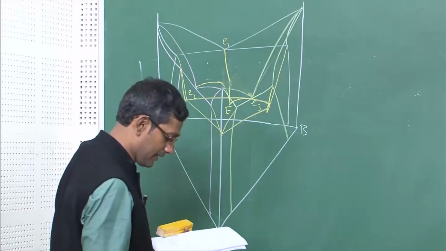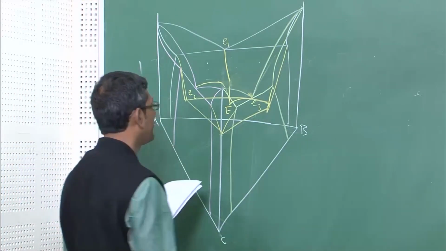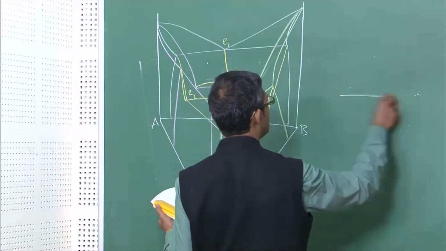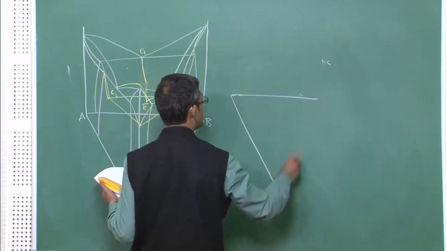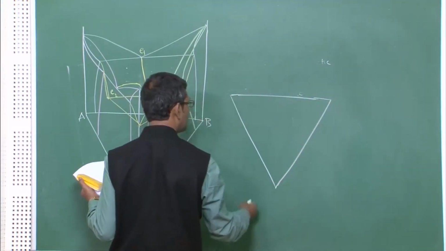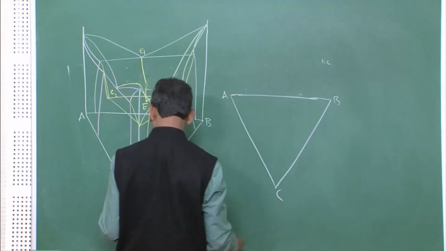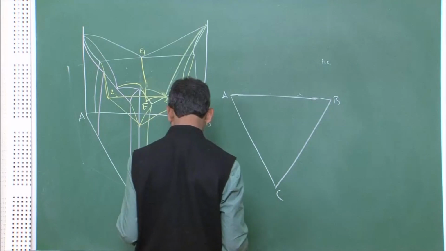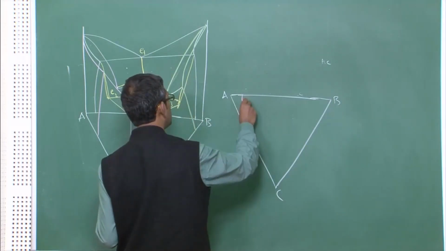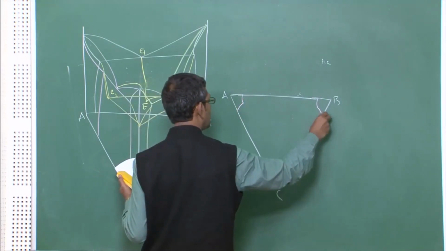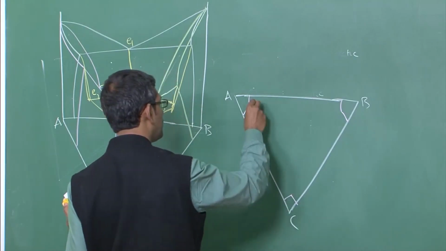So, now if I take a projection on that, it will be a little distorted. These are the 3 single phase zones.